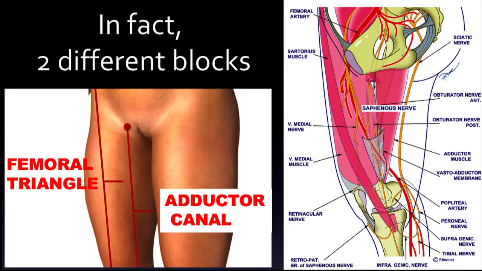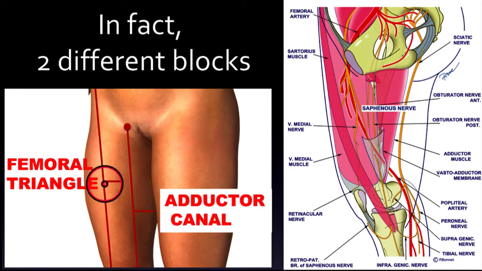As I say, this block is performed at the mid-thigh, but while looking very closely at the papers that have been published, the mid-thigh can be located, depending on the starting point, at two different levels.